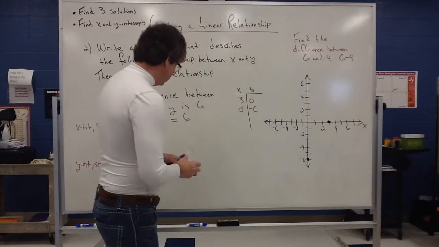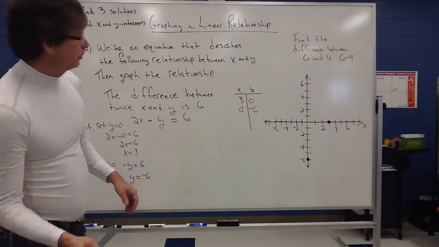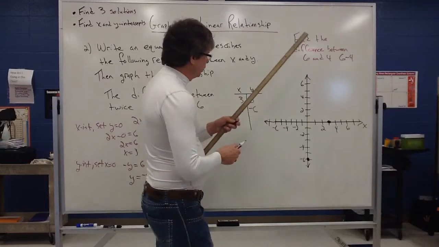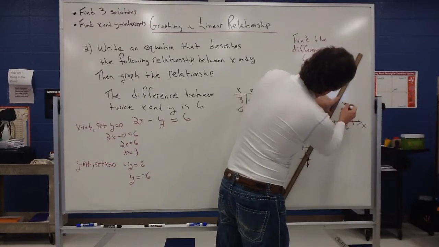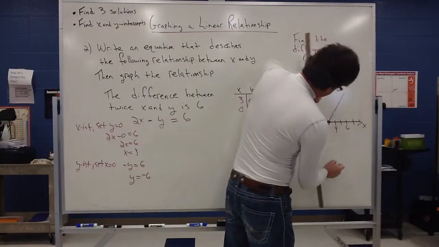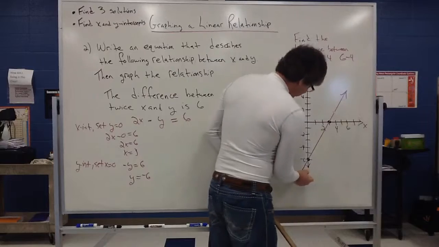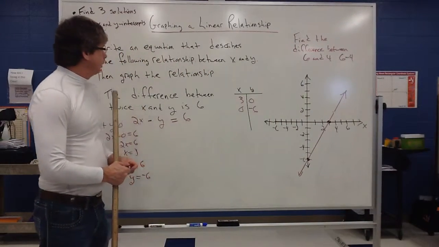And then we want to draw the line. That would be our graph. So we line up these 2 points, and that is going to be our solution. Put those arrows on the ends, and that's what we're looking for.